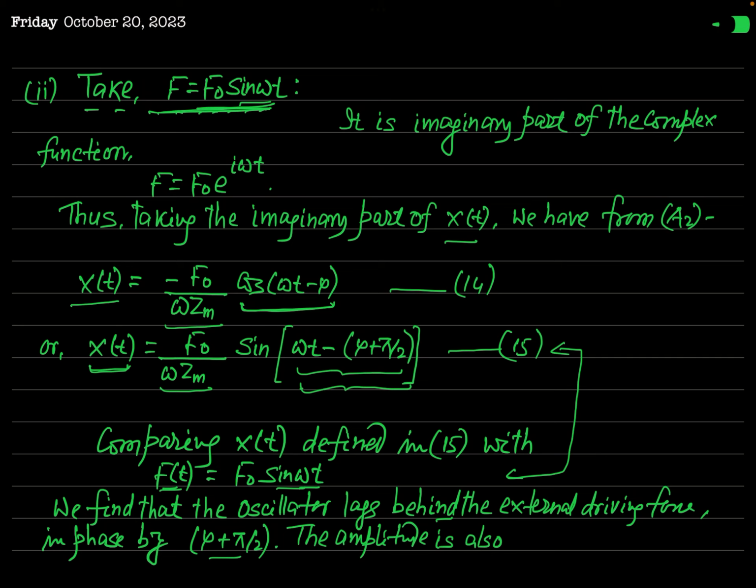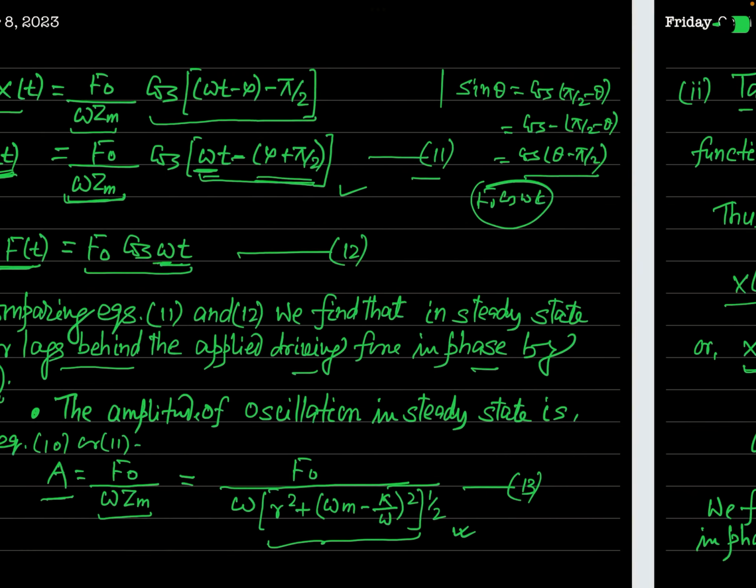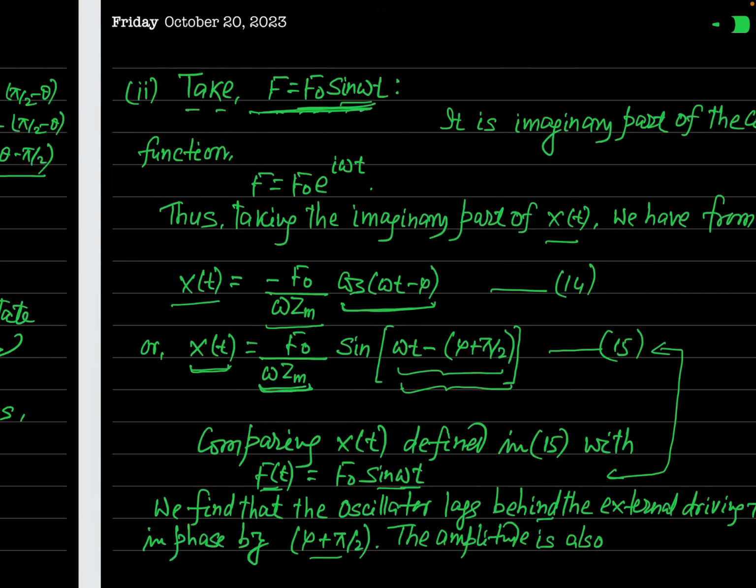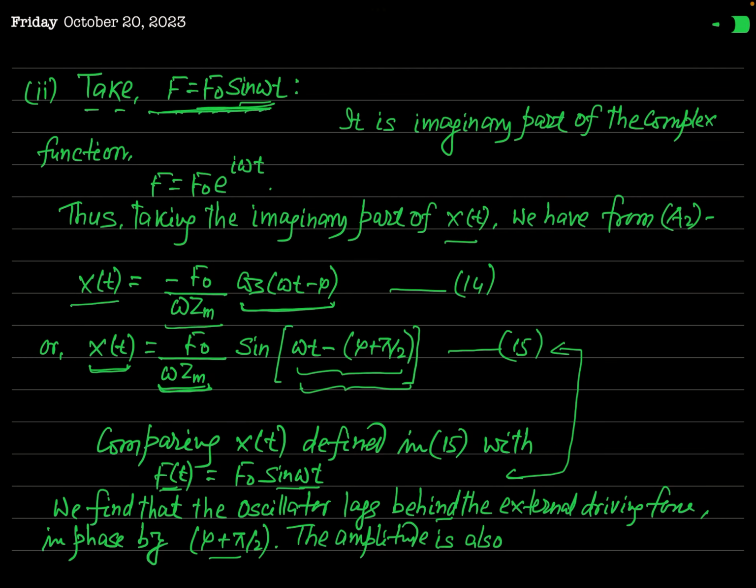Again in this case the amplitude is same. You can see this equation 15. This F naught by omega Zm is at the place of amplitude, and also in this case you have seen that A is equal to F naught by omega Zm. So there is no difference in the results when you take the real part of the complex force or its imaginary part.